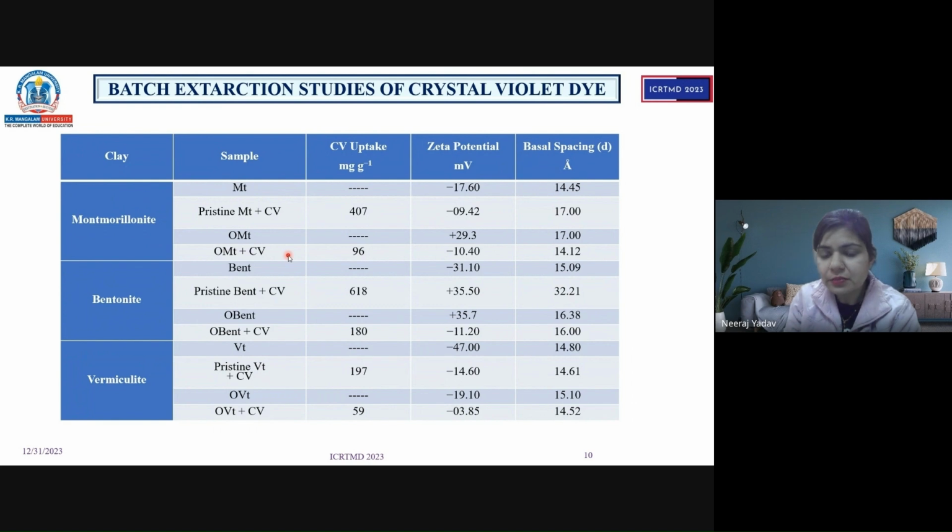In the case of the organoclay, the charge of the clay minerals can become positive because of the presence of the CPC in the form of a bilayer. Because the dye is cationic in nature and the organoclay is also cationic, instead of electrostatic attraction there is a repulsion between the dye and the organoclay, and because of this the amount of dye adsorbed is found to be less in the case of the organoclay, as we can see here, as compared to the pristine clay minerals.